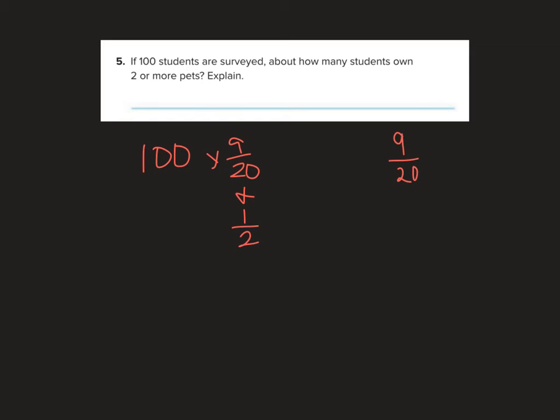Because 10/20 is 1/2, and so we're just a little below that. So I just do 100 times 1/2, and 100 divided by 2, remember it's the same thing, is 50. So 50 students would have 2 or more pets.